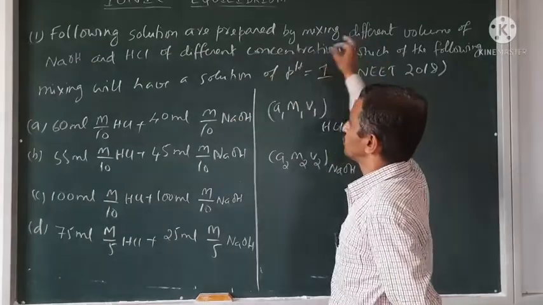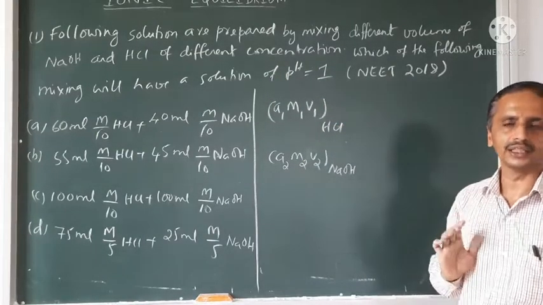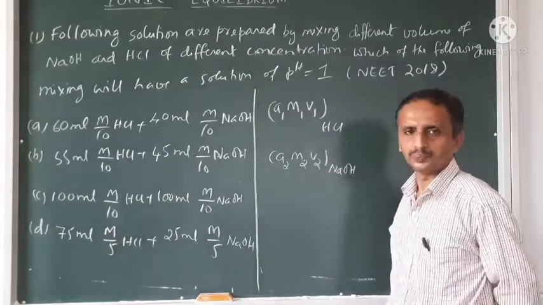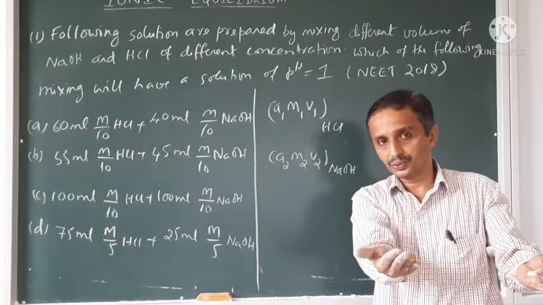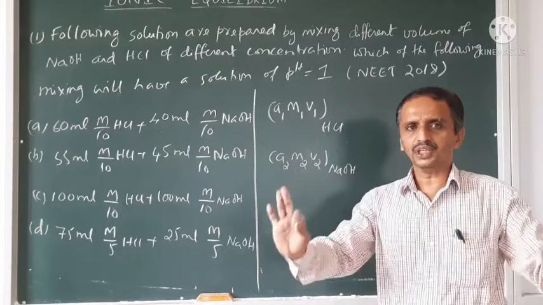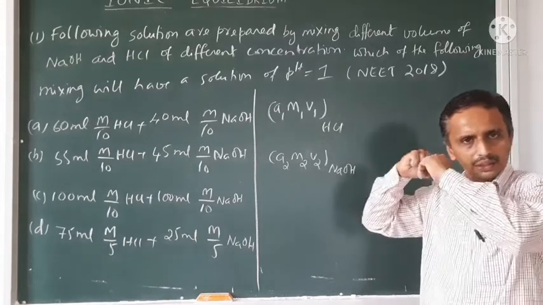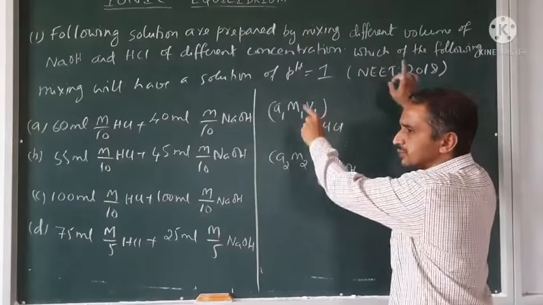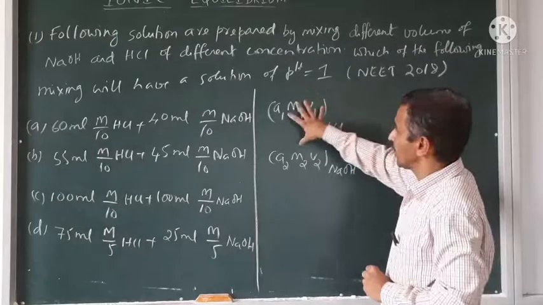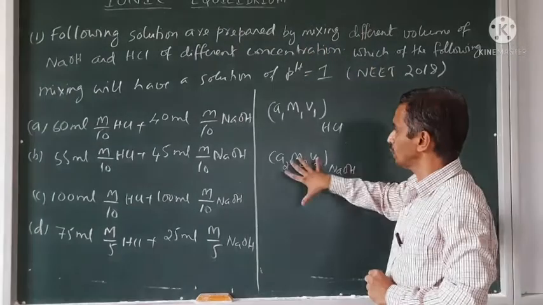So here, first identify whether the solution is acidic or basic by seeing the A1, M1, V1 and the A2, M2, V2 values. Then get the concentration of that remaining. Means if the solution becomes acidic, then the A1, M1, V1 value for the acid should be greater than the A2, M2, V2.